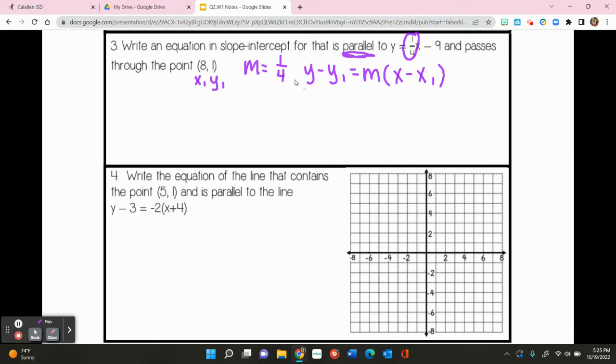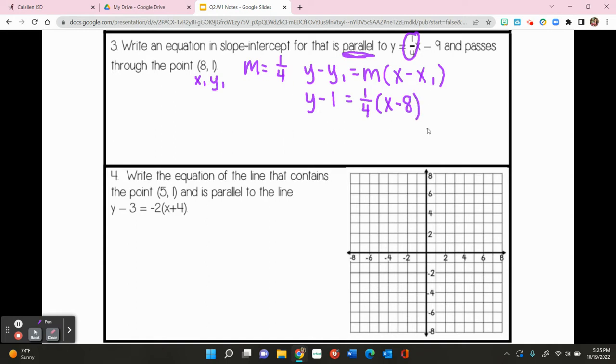And now we substitute what we know. We know our slope and we know our point. So we have y minus y1, which is 1, equals our slope m, which is 1 over 4, parentheses x minus x1, which is 8.